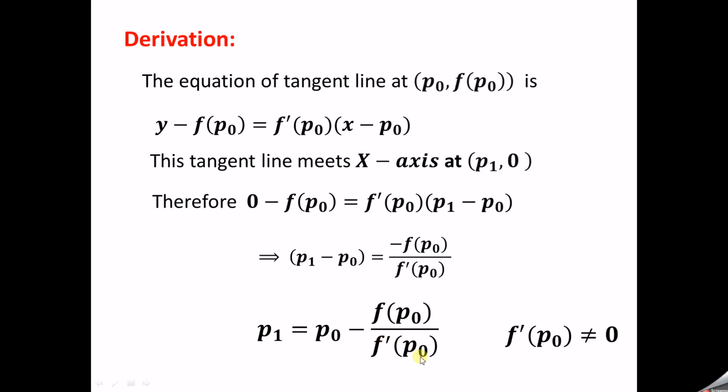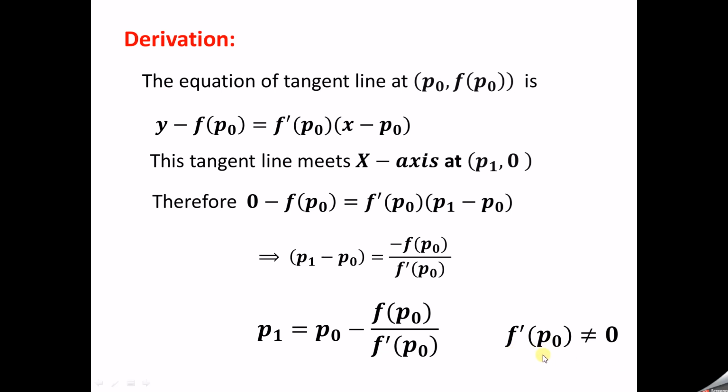So this is the formula to get the approximation P1 using the initial approximation P naught, where this derivative f at P naught should not be 0, because if the denominator is 0, then it is not valid. Therefore the derivative should not be 0; here the denominator is f derivative of P naught, so it should not be 0.